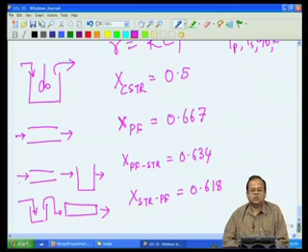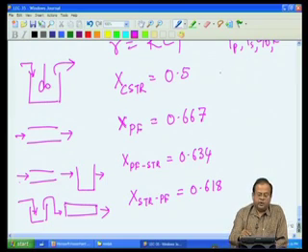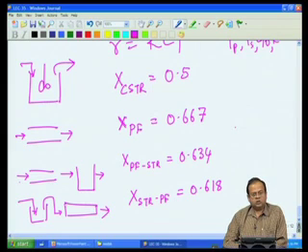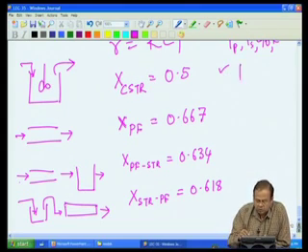Now, what does this imply? It implies the following. If you have different residence time distributions, you get different conversions. Okay. That is, this residence time is different. So, what is the residence time distribution here? I will put it in a different color.